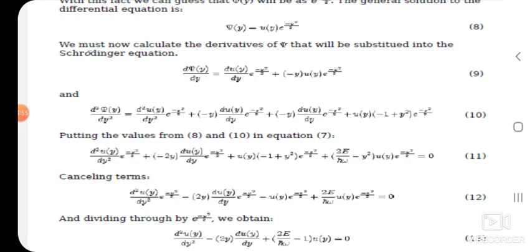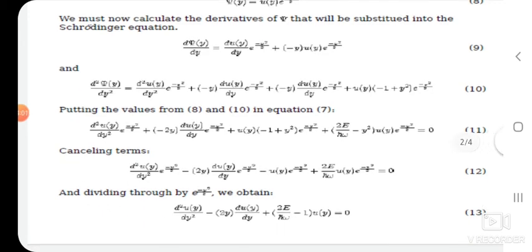Now if we divide e to the power of minus y square by 2 on both sides, our equation becomes d square u of y by dou y square minus 2y du of y by dou y plus (2E by h cross omega minus 1) into u of y is equal to 0. This is the simple form of the differential equation.